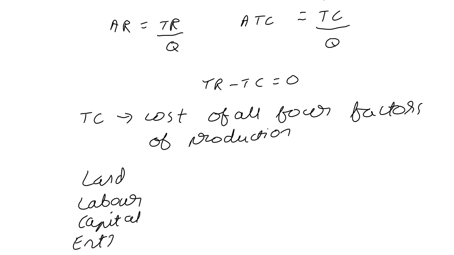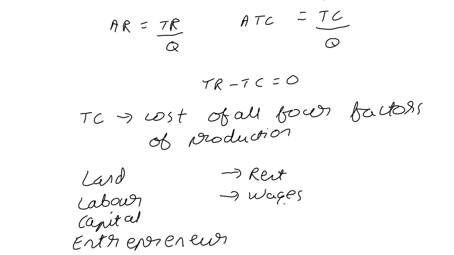They all have to be compensated, they all have to be paid their factor income. So for land, what we have is rent. For labor, it is wages. For capital, it is interest. And for the entrepreneur, it is profit.